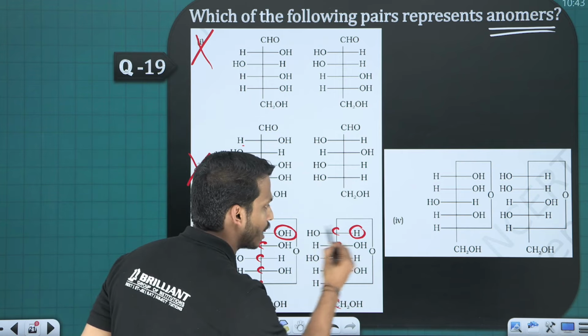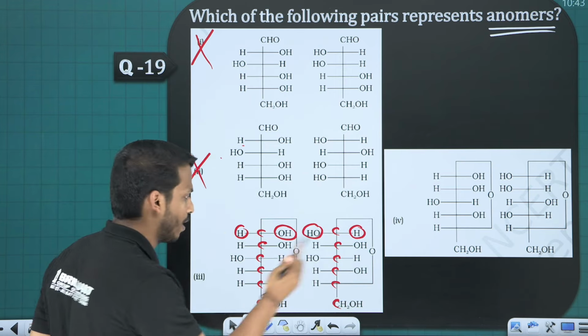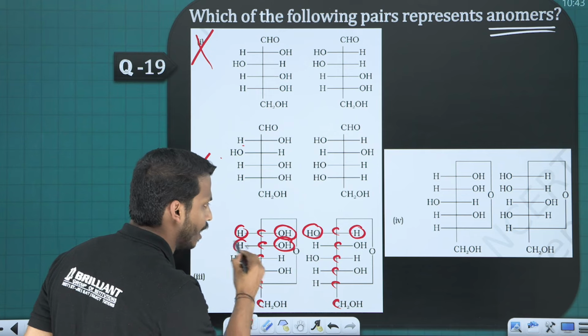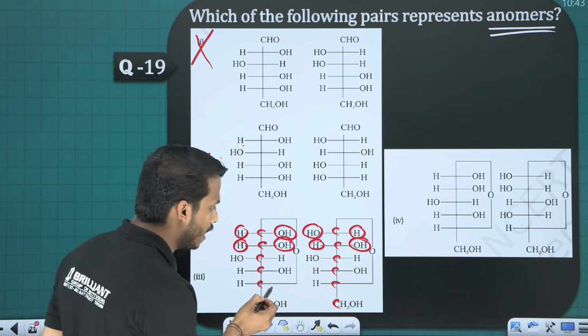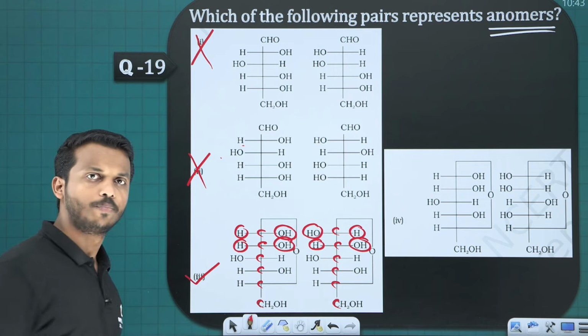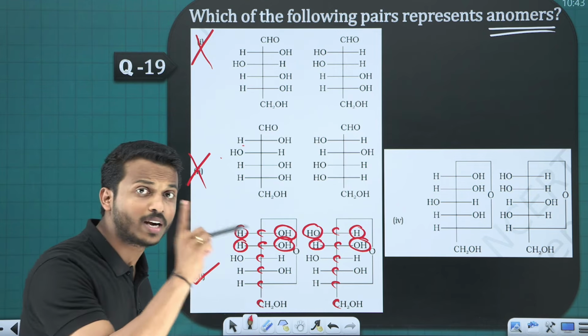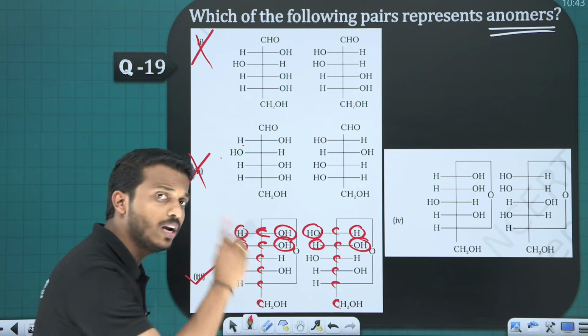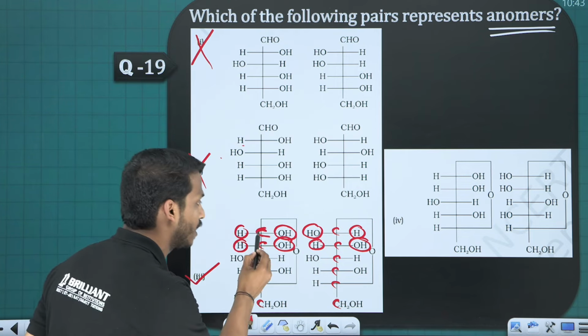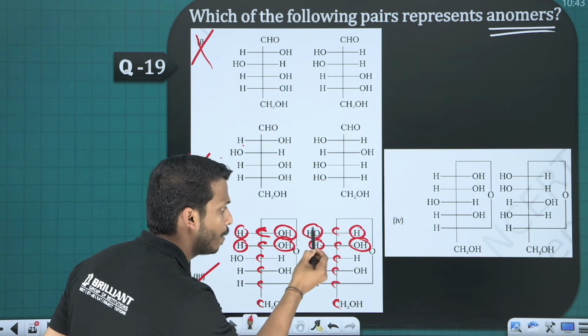Here this carbon H right, OH, so they are different. This carbon OH right, H left. And here OH right, H left. Same. Okay, I think this one is an anomer. Why is it so? Because only one carbon configuration is different. See the first carbon, only that carbon's configuration is different. Here the carbon OH right, but here the carbon OH left.